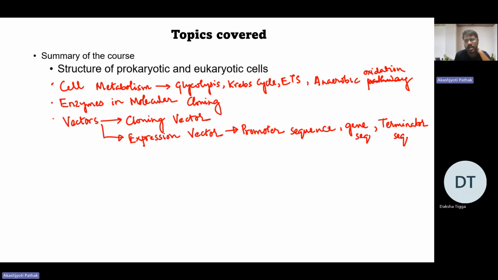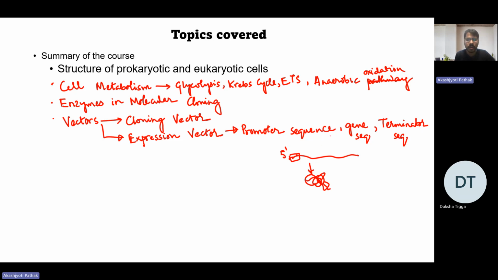Also, after the promoter sequence there will be a ribosome binding site, so that the mRNA that is synthesized has a ribosome binding site at the 5' end, so that the ribosome can bind to the mRNA and translate it to produce protein.